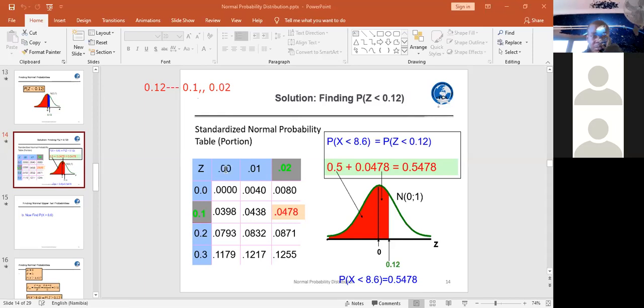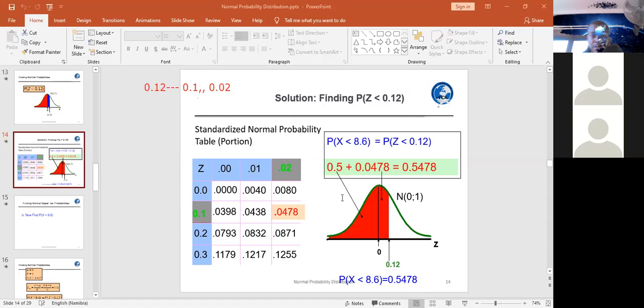And here you have 0.00, 0.01, and so on. So now the 0.02 is here. Then you check where the two numbers meet, where they intersect. That's the probability. But the Z table does not give us the entire area. It gives us a section from 0 up to the Z score.